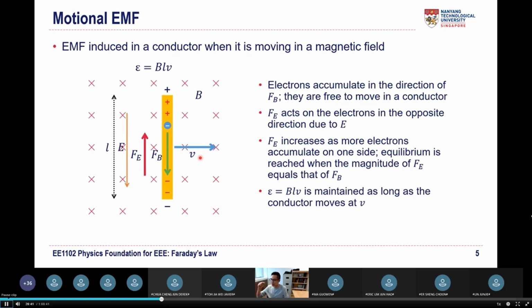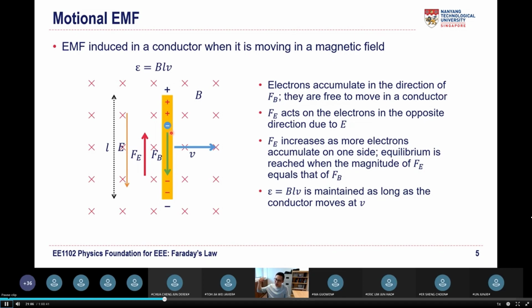The negative charge must be moving. If the negative charge is moving towards the right, that means Q times V is going to be towards the left, right? So in which direction is the force going to act on the electrons? You need to use your right-hand rule.